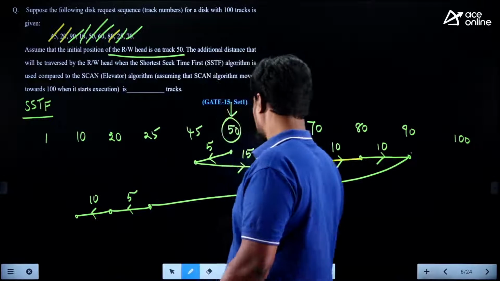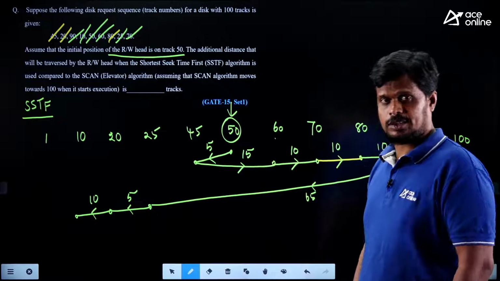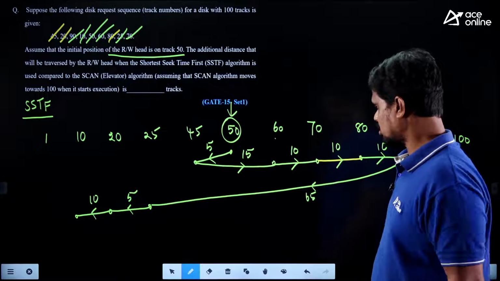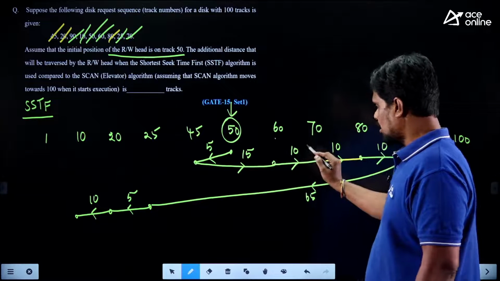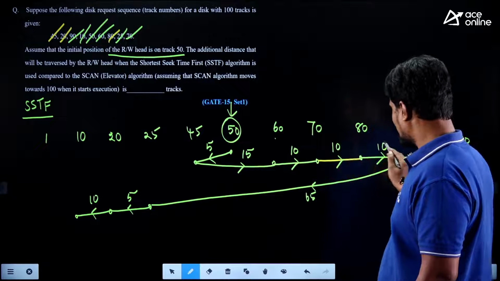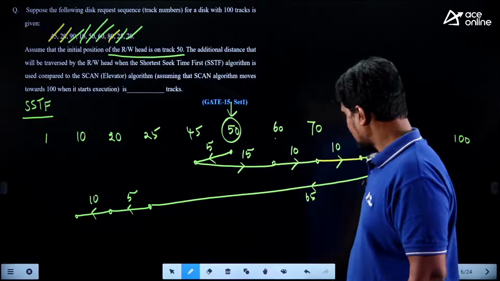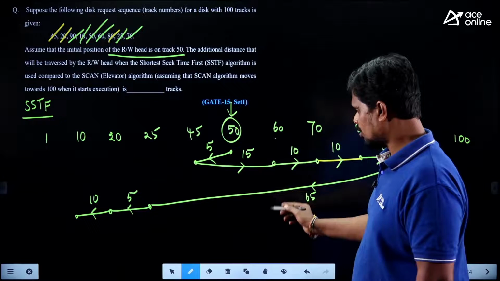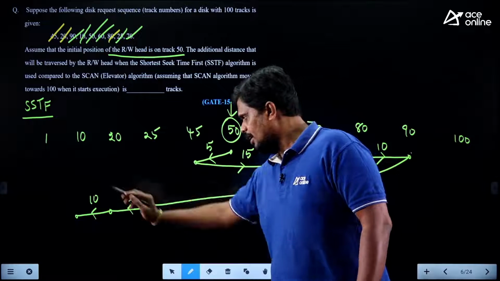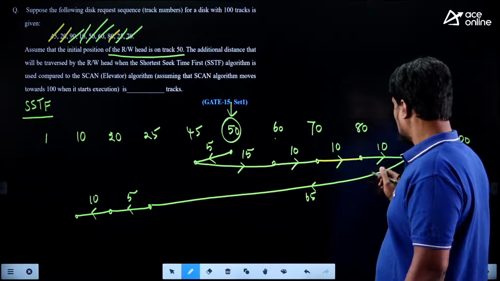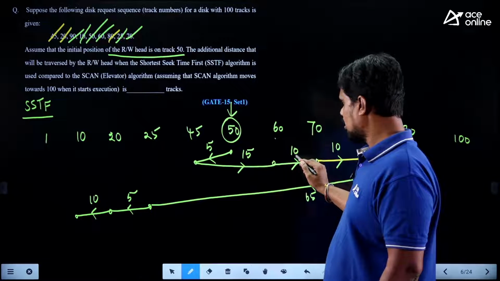10. So now verify the total distance traveled by the disk read write head to service all these disk requests: 10 plus 5, 5 plus 15, 20, 20 plus 10, 30, 40, 50, and then let's say 60. Then 5 plus 65 which is 70, then 80, 90, 100, 110 and 130.